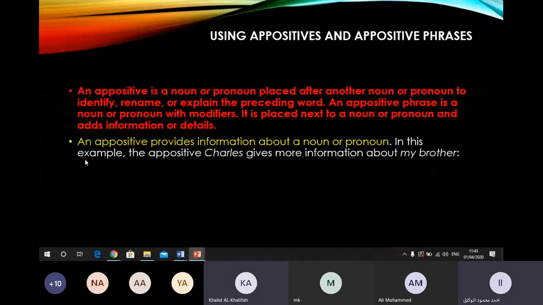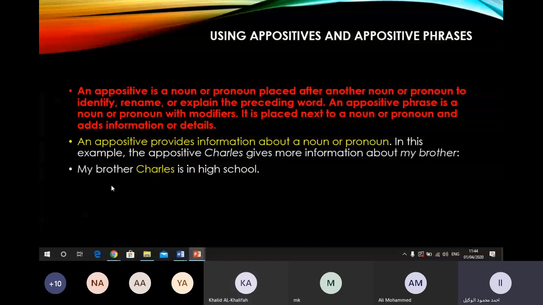Okay, in this example, we have the appositive Charles, which gives more information about my brother. When I say my brother Charles is in high school, you can omit Charles and just say my brother is in high school.